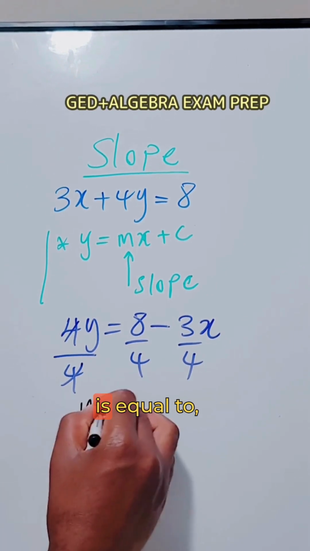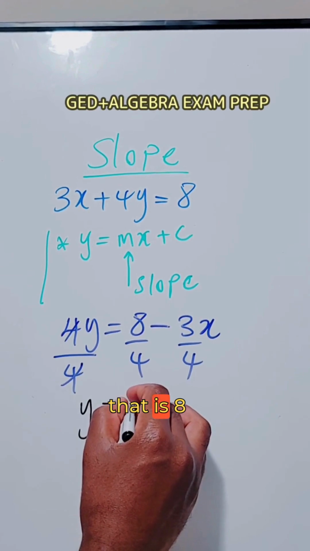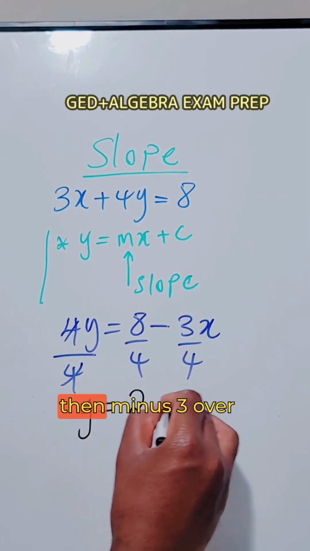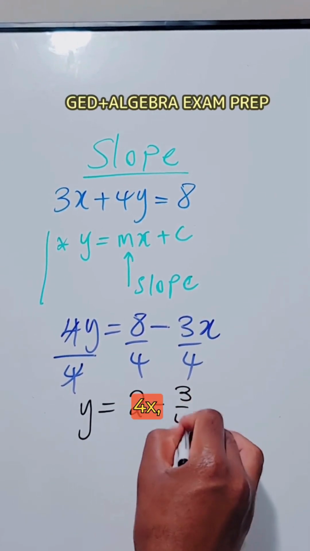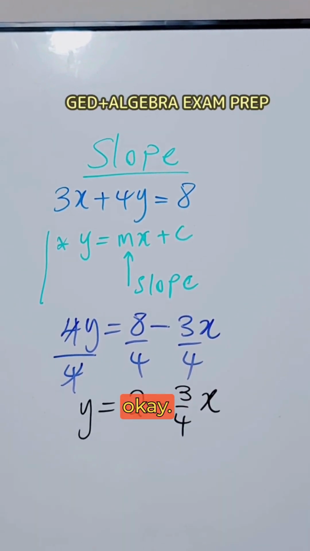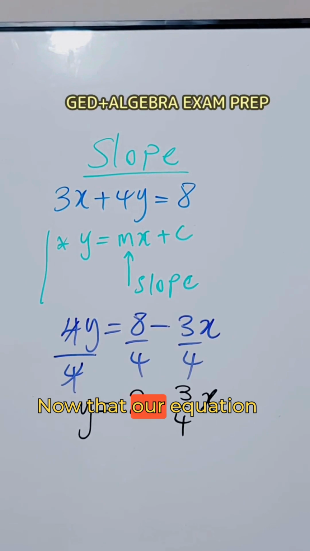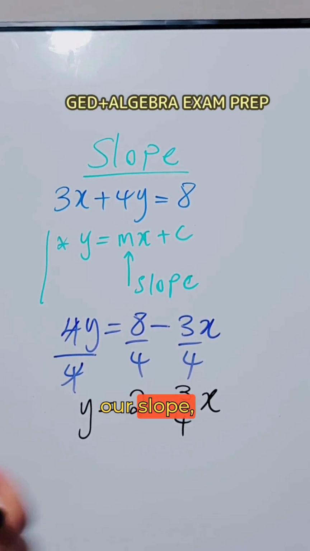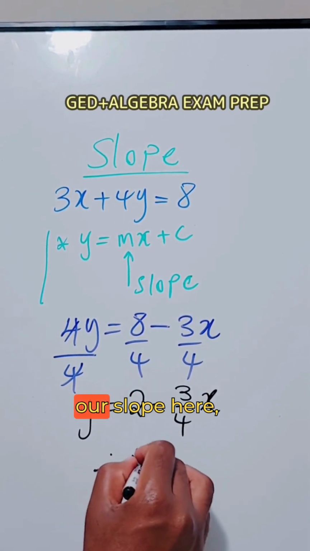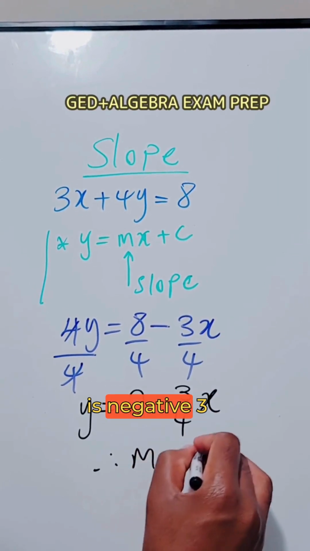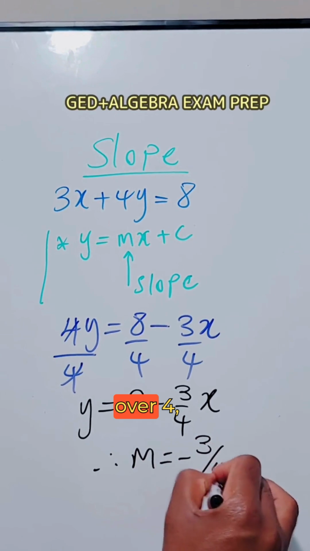We remain with y is equal to 8 divided by 4, which is 2, then minus 3 over 4 x. Now that our equation is in its intercept form, we can just extract our slope, right? So therefore, our slope m is negative 3 over 4.